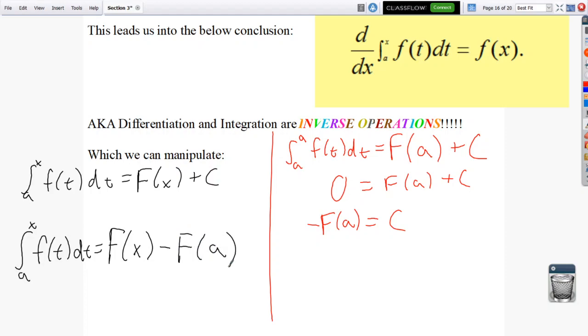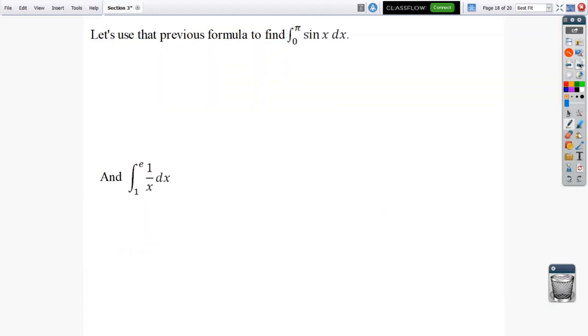That's hugely, massively important. We can now calculate our definite integrals as long as we know what the antiderivative of a given integrand is. So let me teach you guys how to keep track of all that notation.